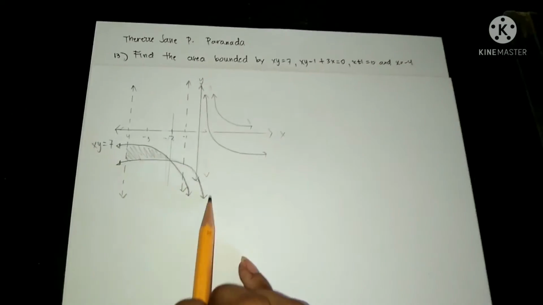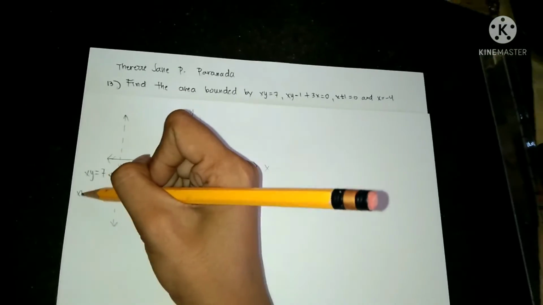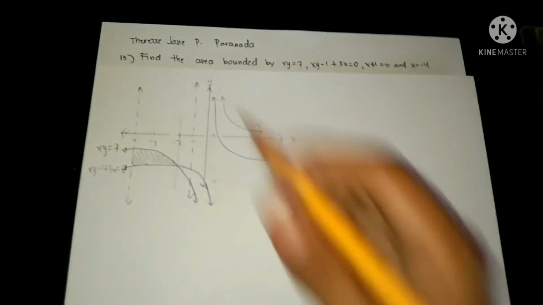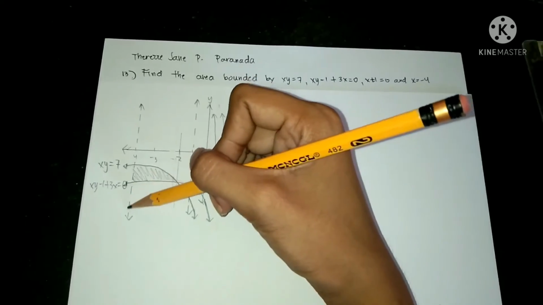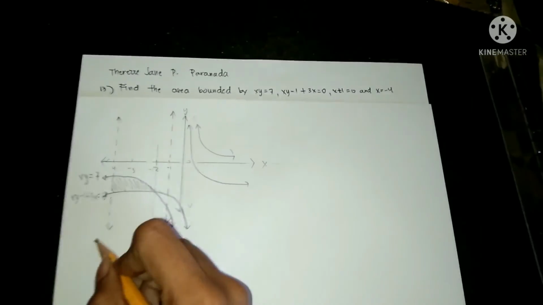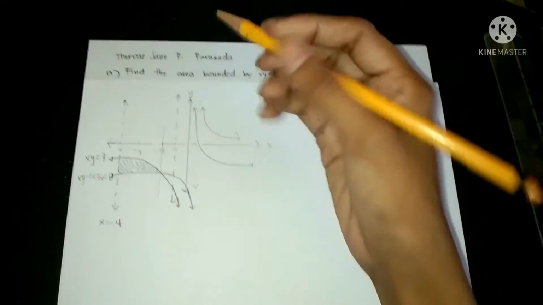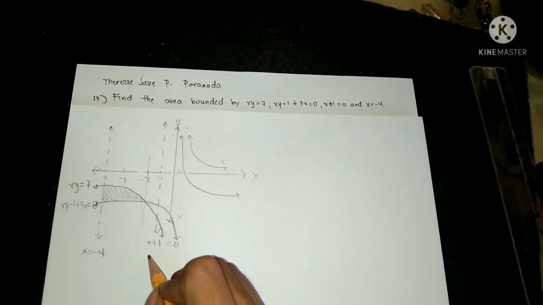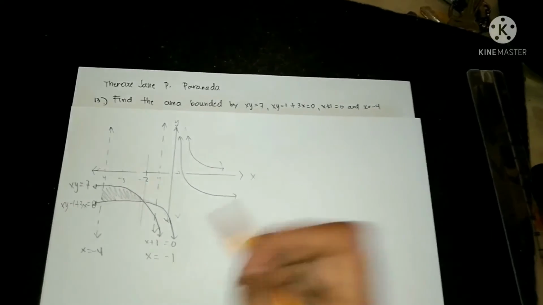And itong graph na to is yung xy minus 1 plus 3x is equal to 0. Itong straight line na to, this is x is equal to negative 4 at ito is yung x plus 1 is equal to 0, which is x is equal to negative 1.